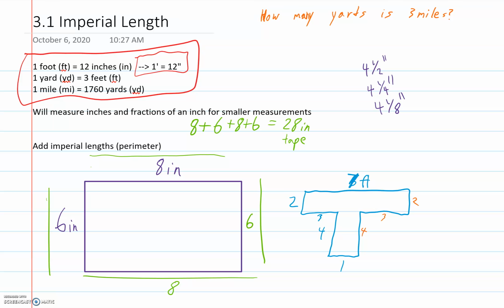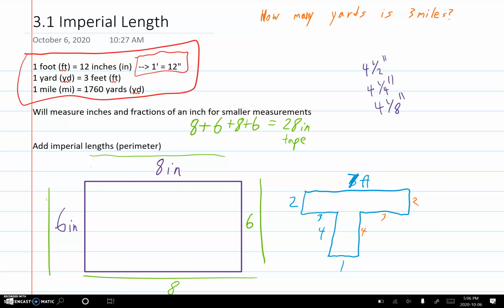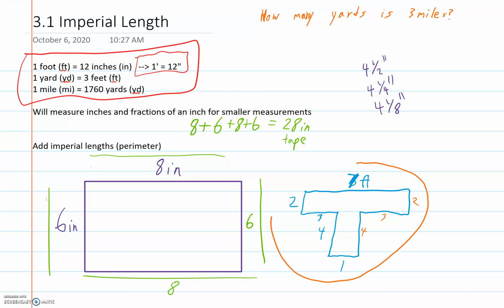All right, so now what we're going to do is add up all sides. So starting at the 7, I like to go around the shape like that. That's just my habit, but let's start. 7 plus 2 plus 3 plus 4 plus 1 plus 4 plus 3 plus 2.